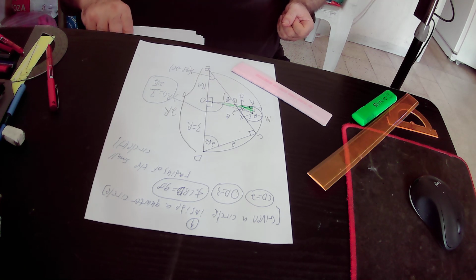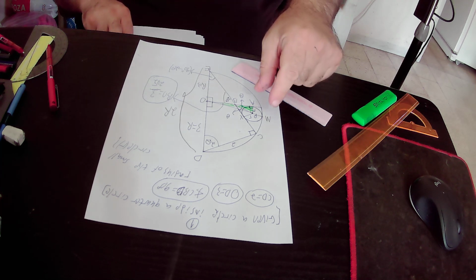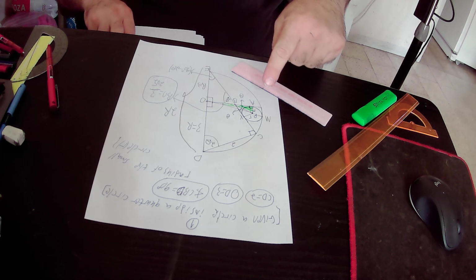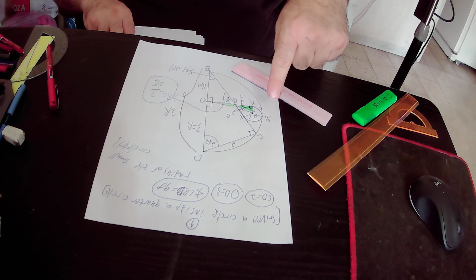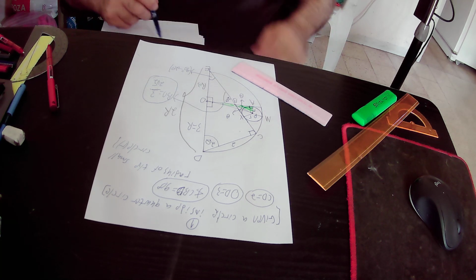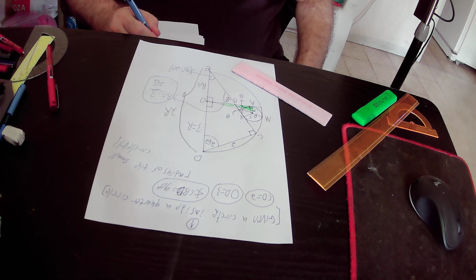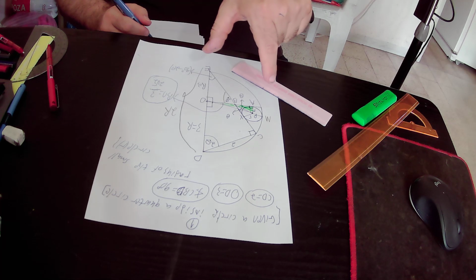But what is MP? MP is the radius of the small circle, because it exits from the center of the small circle and touches the small circle at point M. So MP equals small r. And what is the size of OM?